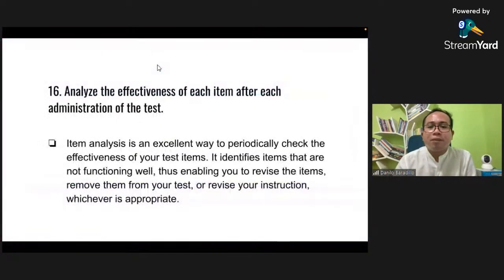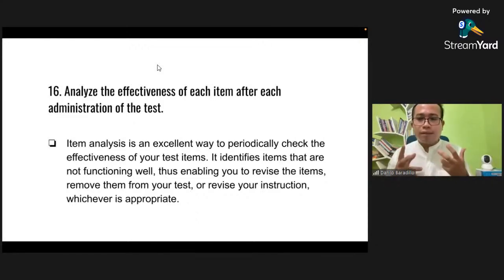Okay, so now these are the 16 specific ways to create and construct test questions. So we are revolving our talk around the stem, the distractors, and of course the alternatives, especially the stem and the alternatives in general, because distractors go along with the alternatives also.